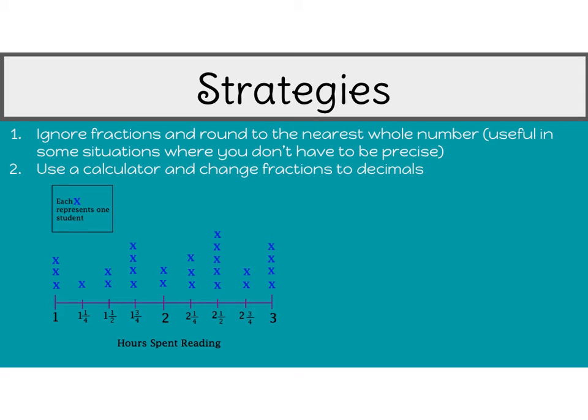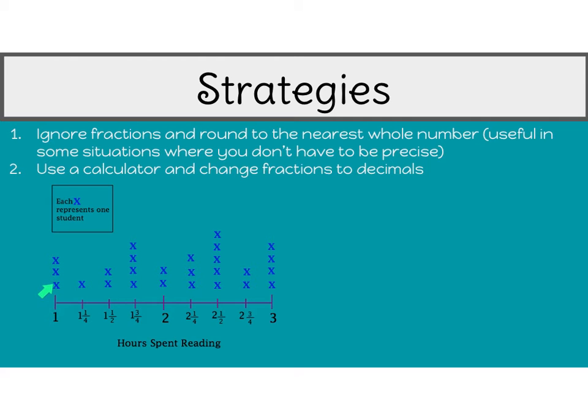So how would we go about, quote, evening out or finding the typical readers, like how many hours they spent reading? We would need to take these mixed numbers and turn them into decimals. And then we would add all of these together and divide by the number of x's that we have.